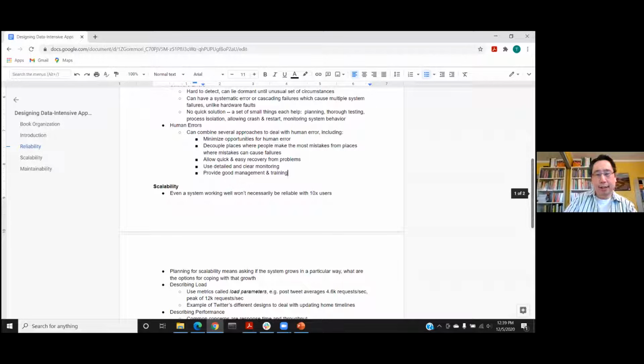And I like this idea of decoupling. If you know people might make mistakes, then you have the place where they make the mistake not be tightly coupled with where the failure is, so that there's more time to recover, to realize there's a problem, or it's not as fatal, that there's sort of a second step that people don't make mistakes on, that can help prevent this.